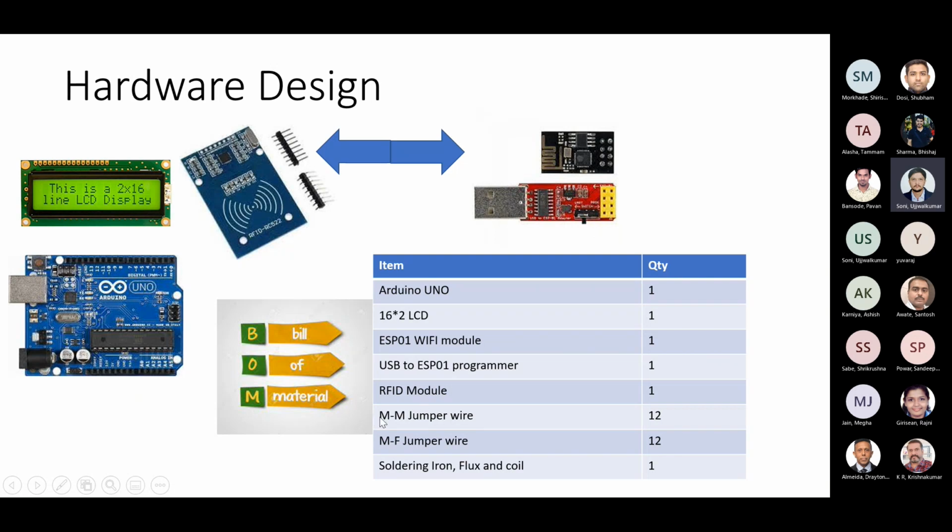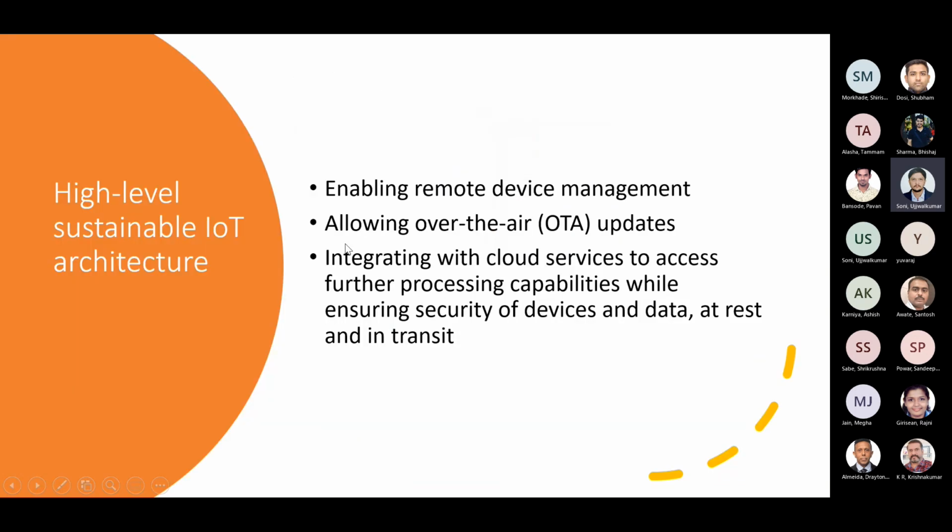We are also using some jumper cables, different types of jumper cables. We are also using soldering iron and flux and coil. Okay. So yeah, in my next slide, I'll show you the high-level sustainable IoT architecture. So enabling remote device management. If you enable remote device management and allow OTA updates, it's going to make your architecture highly sustainable.